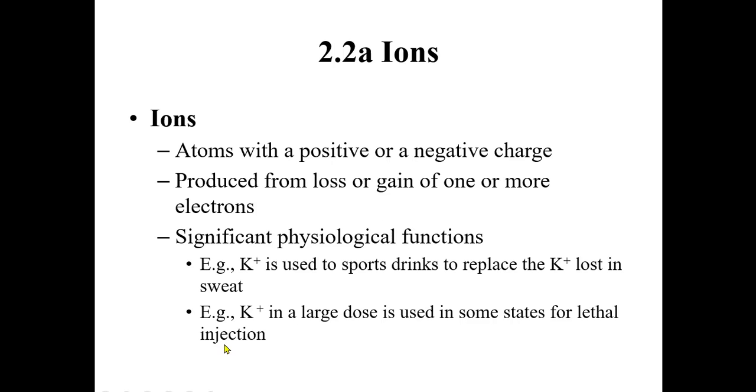So here's an example of why it's positive. Potassium is in the very first column. Potassium is a +1 because it's ready to give away one electron. So atoms that are positively or negatively charged are called ions. Okay, so positive, negative charge, ions. Next slide.